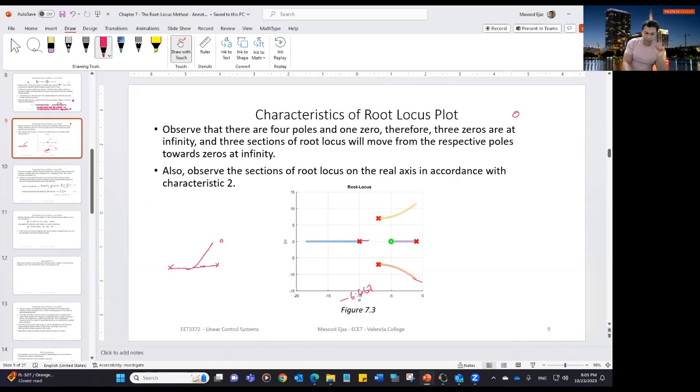One goes here and the other goes here, and there will be a zero sitting at infinity. So this condition is very common. In that case, this point is called the breakaway point. That is when the root loci leave the real axis and enter into the complex plane. So that's the breakaway point.